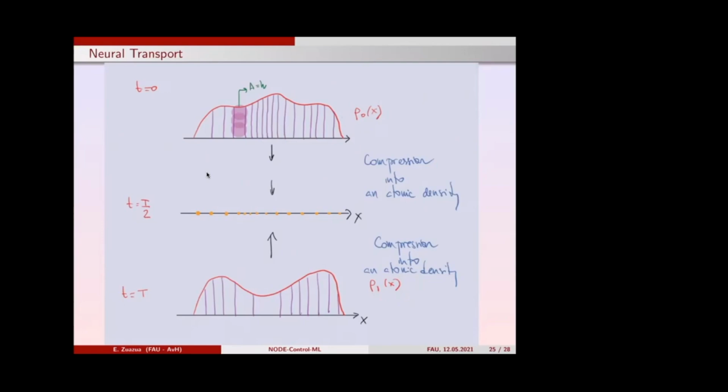Because given some initial datum, rho 0, and some final datum, rho 1, now continuous functions of x, so these are density functions, so that the mass of both of them is the same, you can always divide, you apply the same principle as the Riemann, right?